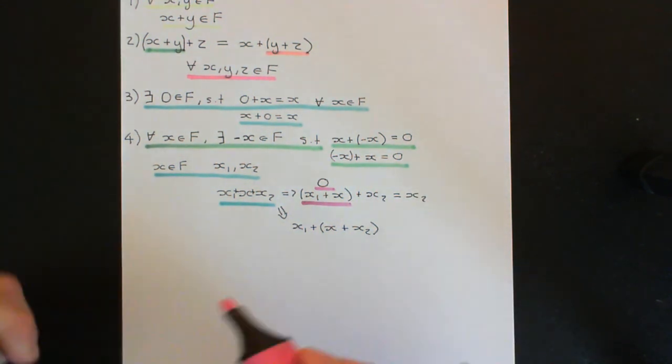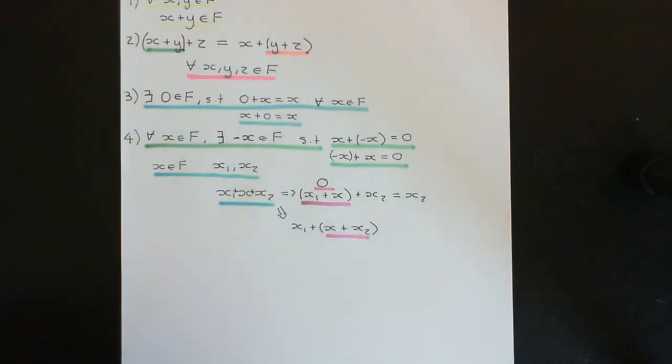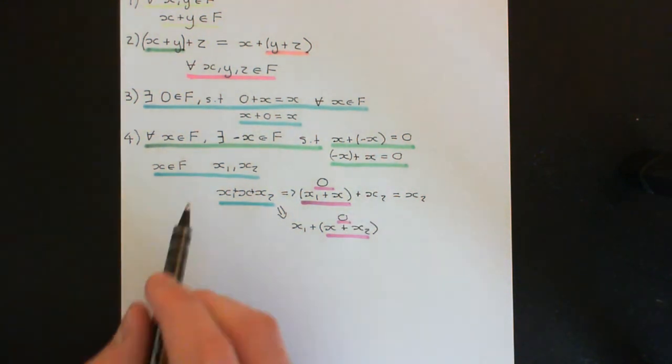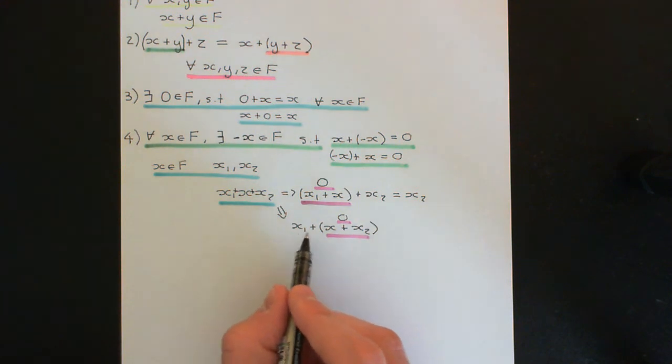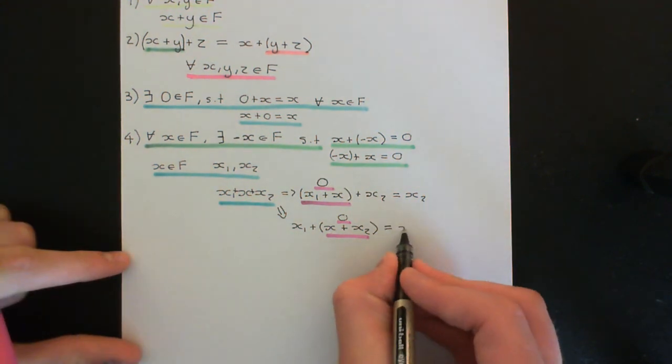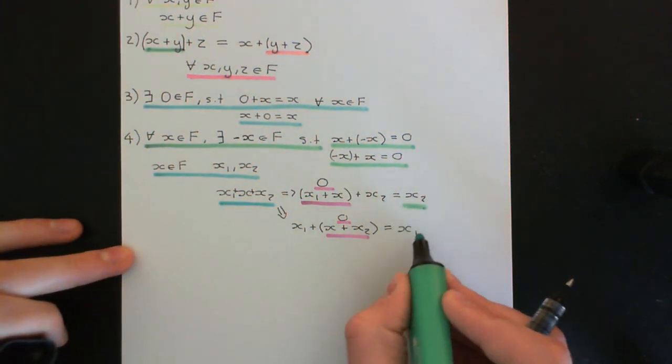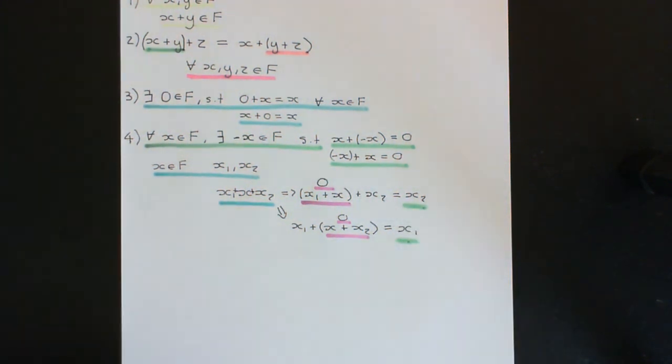Whereas the answer down here, x plus x2, again will equal the additive identity 0 just by definition of x2 being an additive inverse of x. Now I have x1 plus 0, and of course that will just equal x1. And x1 and x2 were assumed to be distinct elements in the set capital F. So now I've got a contradiction of associativity not working.